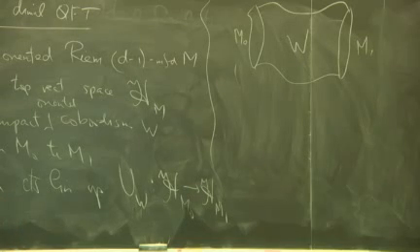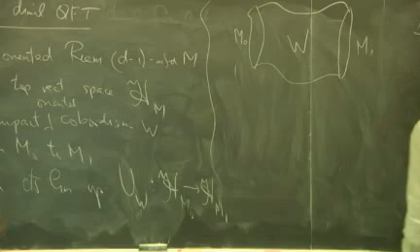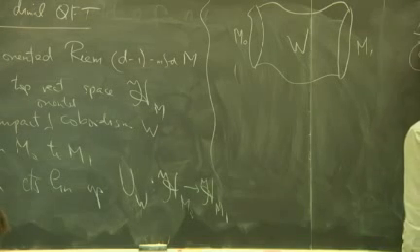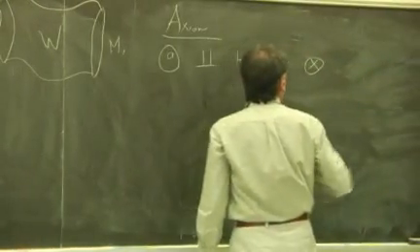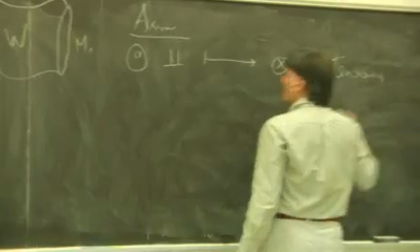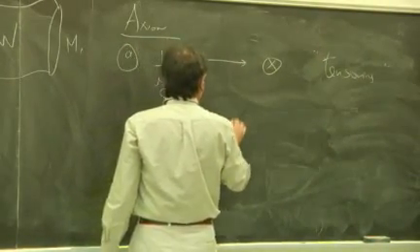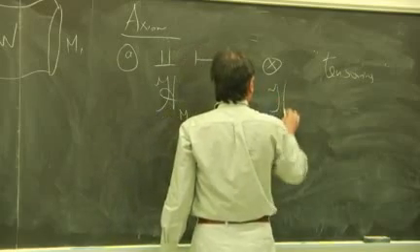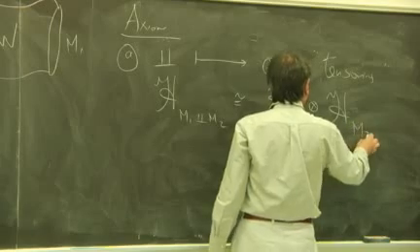But the two crucial axioms are meant to be, first of all, disjoint union goes to tensor product, so I'll just call that tensoring. In other words, H of a disjoint union of two manifolds is going to be the tensor product in some appropriate sense of topological vector spaces like that.